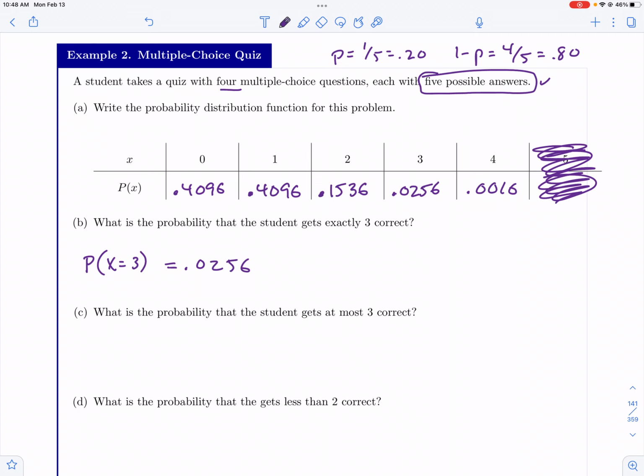So what's the probability that the student gets at most 3 correct? So in that case, we're looking for 3 or less. So from an inequality perspective, this is the probability of x is less than or equal to 3. So what that means is we want to add up the probability of 0 plus the probability of 1 plus the probability of 2 plus the probability of 3.